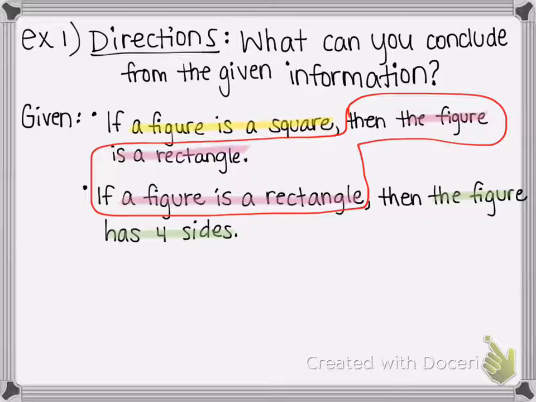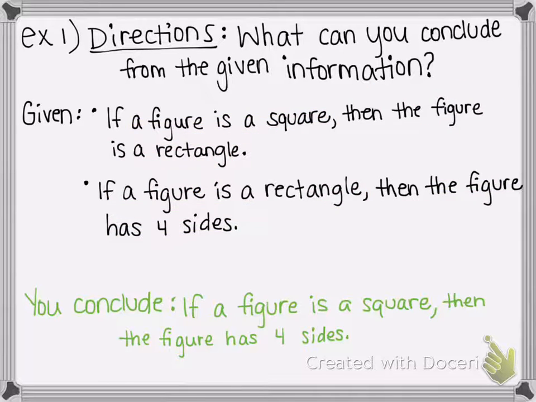If it does, essentially what you're doing is just taking out that part and writing what you have left. So in this case, your conclusion would be if a figure is a square, then the figure has four sides, because once you took out that middle matching stuff, that's all you were left with.